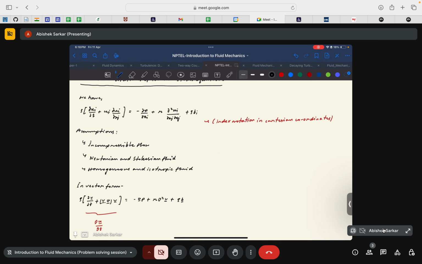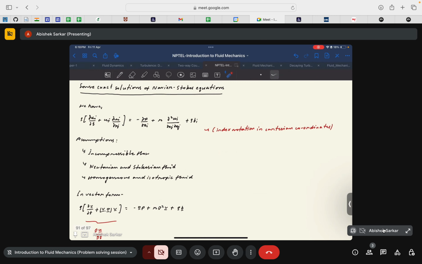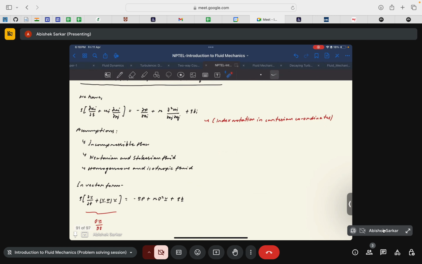As I mentioned, this is the incompressible form of the Navier-Stokes equation in index notation for Cartesian coordinates, because you're dealing with x1, xi, xj, xk. Sorry, x1, x2, x3 basically mean x, y, and z coordinates. But again, you can also deal with the vector form. If you write this equation in vector form, then it is valid for any type of coordinate system.